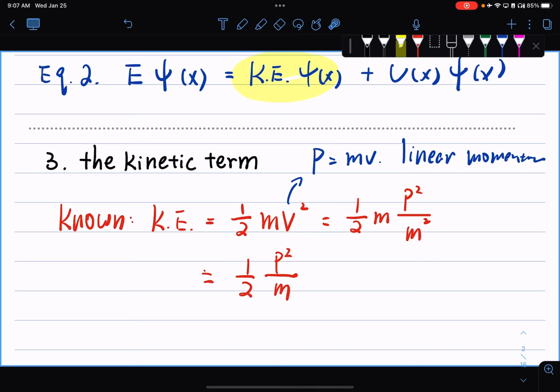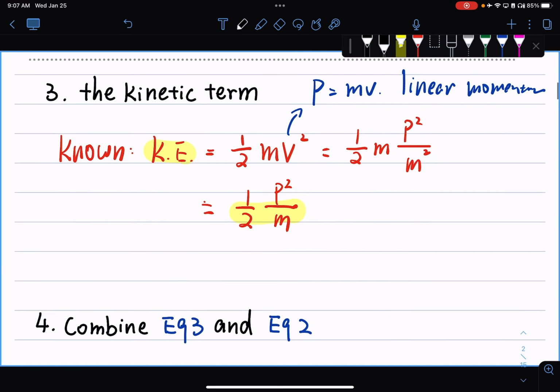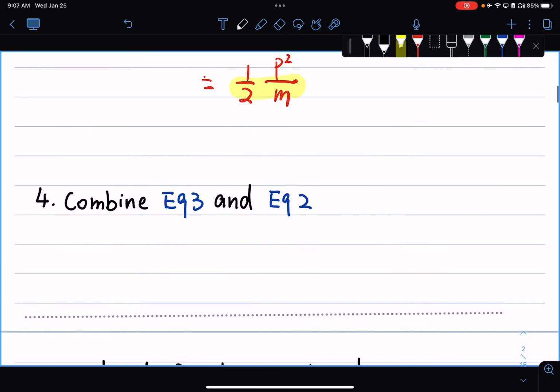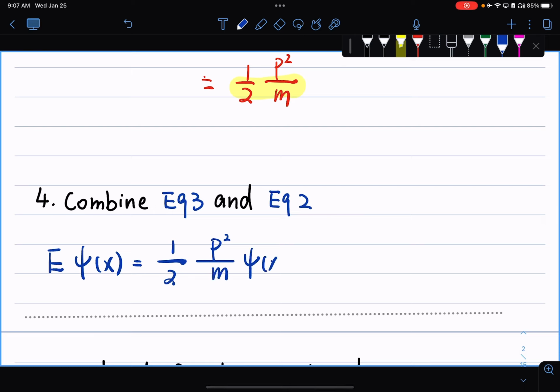Combining this with the kinetic energy equation, 1/2 m times (p squared over m squared), and rewriting the energy expression, using a different color: energy times phi x equals 1/2 p squared over m times phi x plus potential energy times phi x.